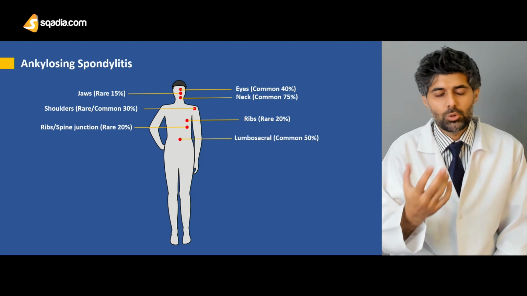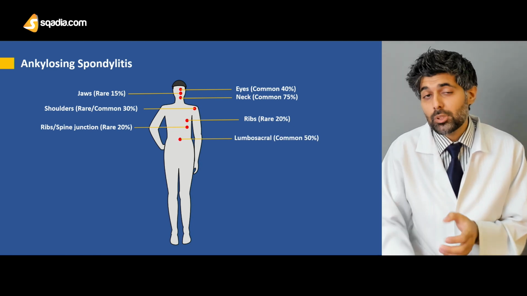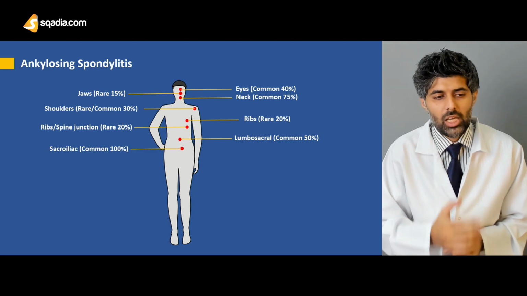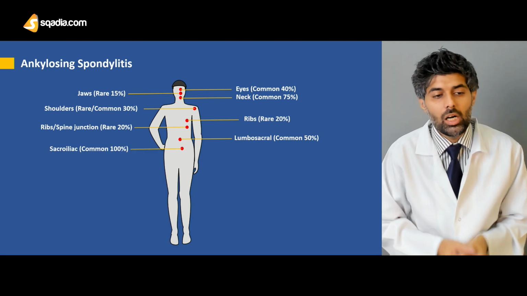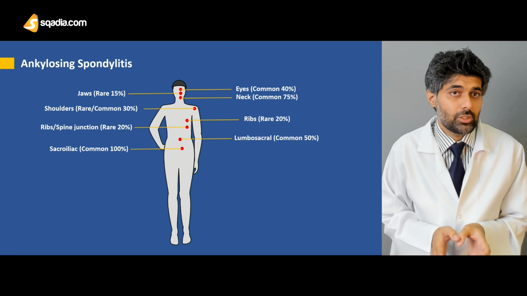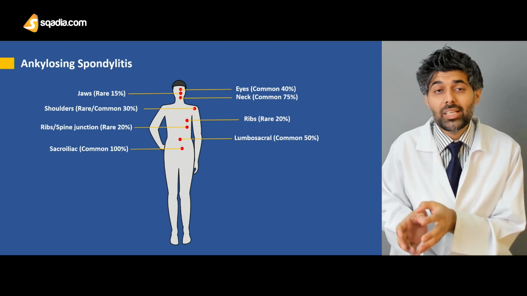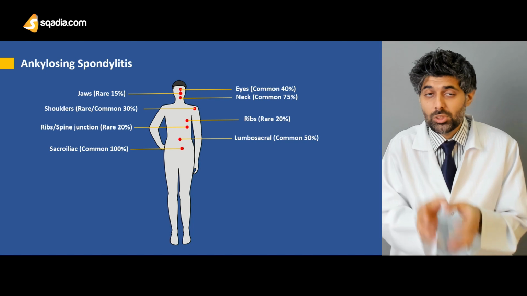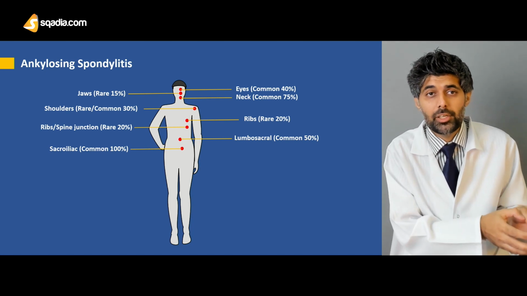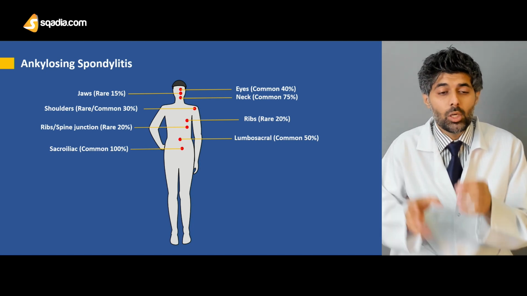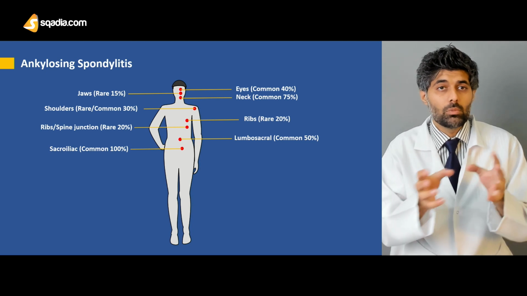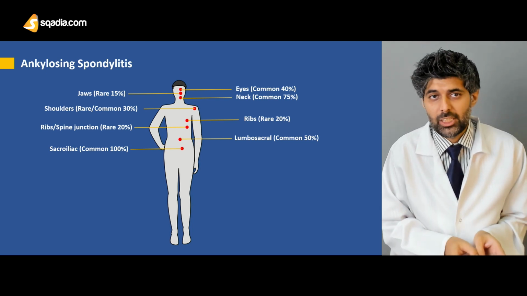Likewise, the lumbosacral area, 50% of the patients. As for the sacroiliac area, 100% of the patients. That means that every person who is affected by ankylosing spondylitis will present with some kind of problem with the sacroiliac section of the body.